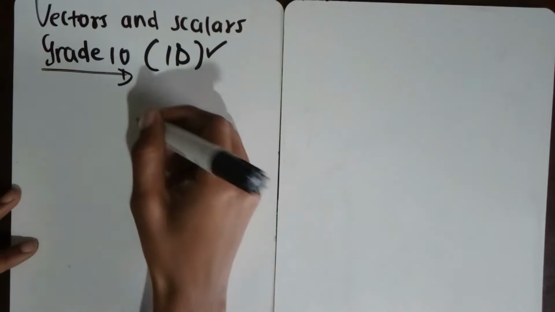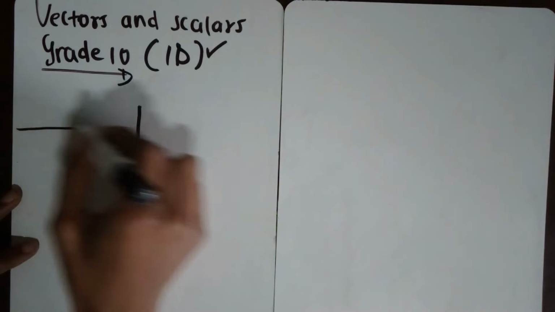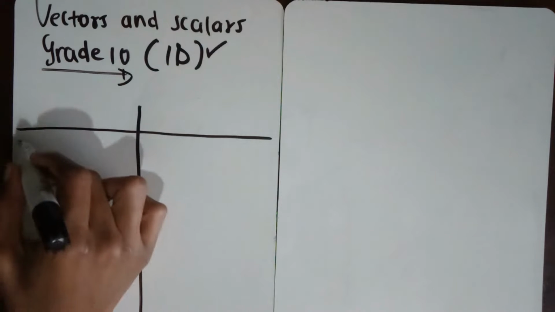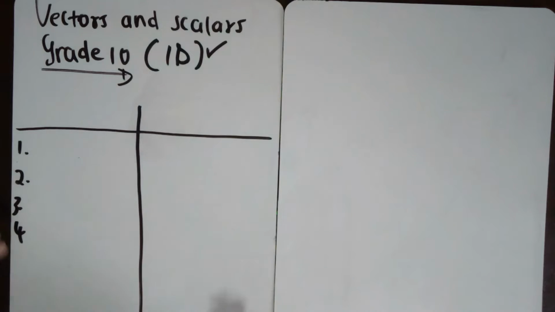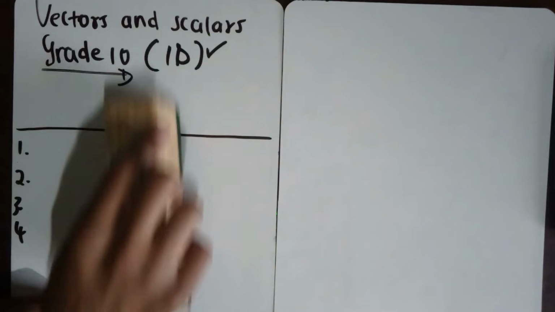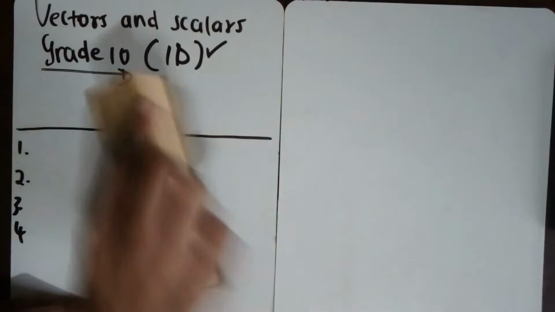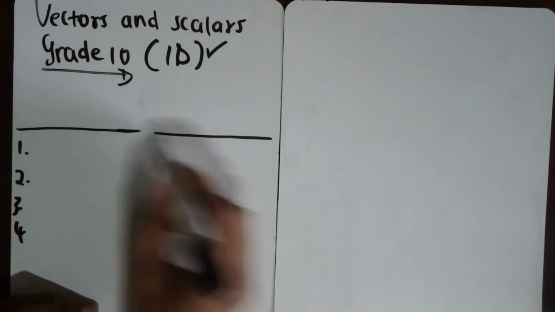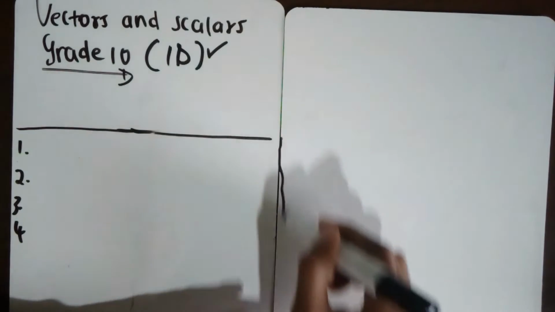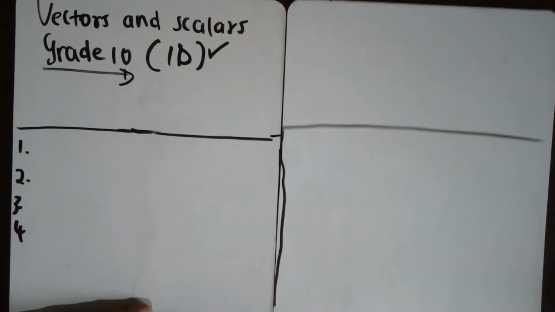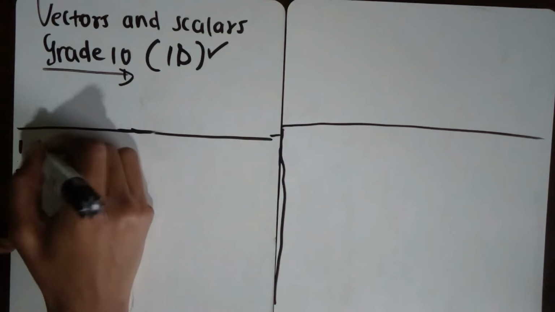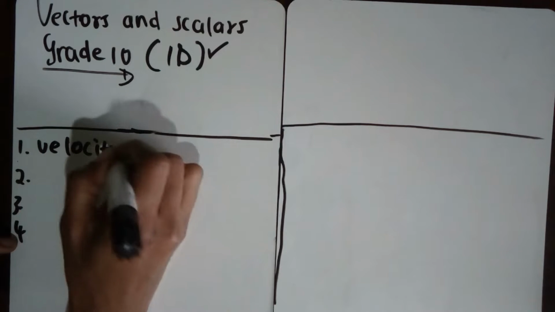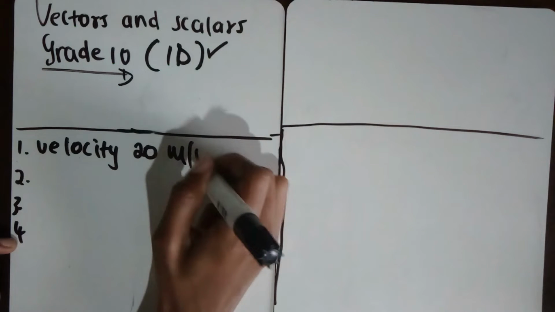So I'm going to draw two columns over here, and in these columns, I'm going to write a few statements, maybe four each. So let us say in our first statement, we have a statement saying that a car was moving at a velocity of 20 meters per second eastward.